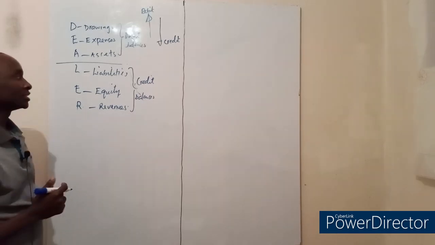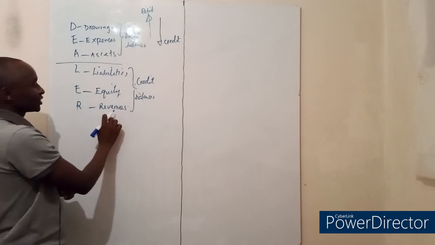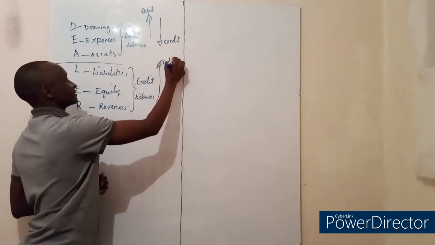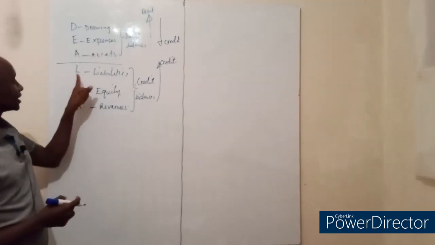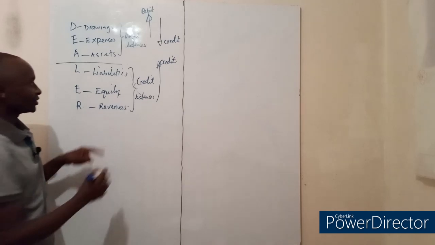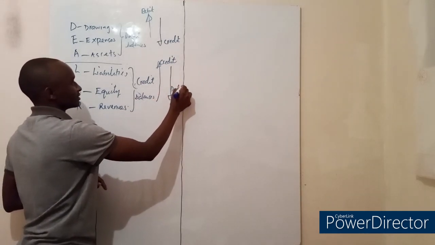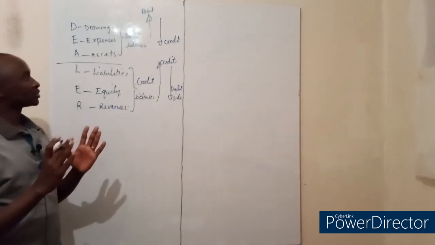Increasing either the liabilities, equity, or revenue, you increase on the credit side, and vice versa is true. Decreasing liabilities, equity, or revenue, you decrease on the debit side. Are we together?